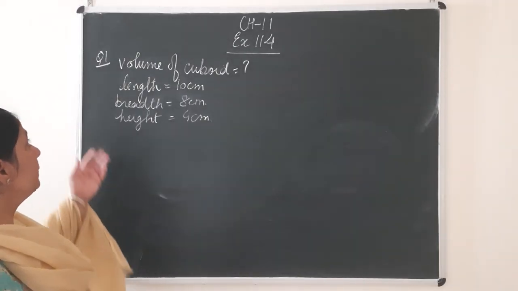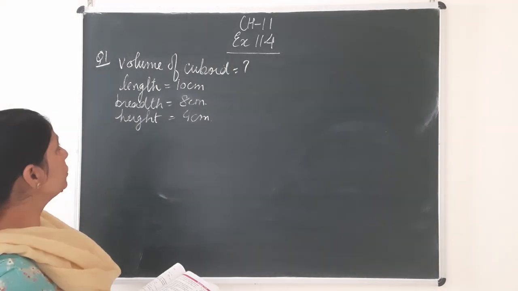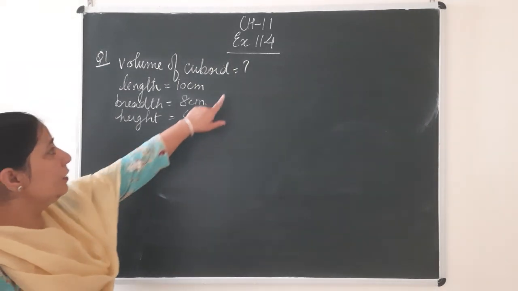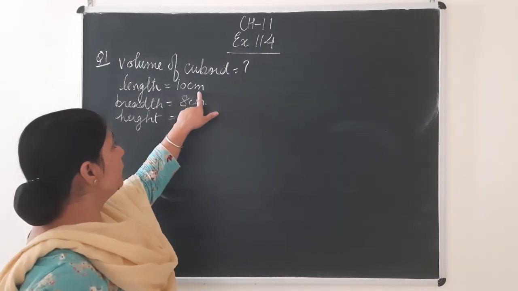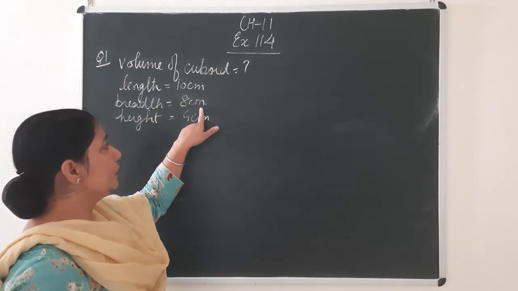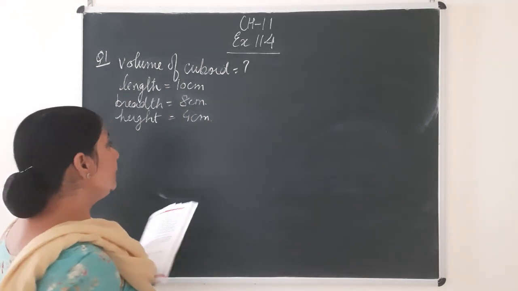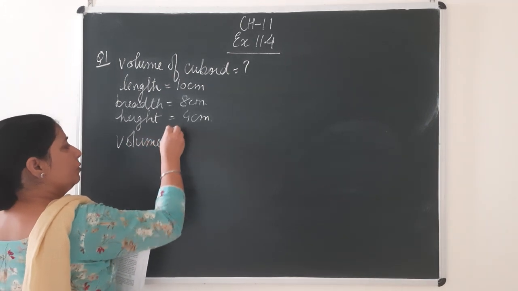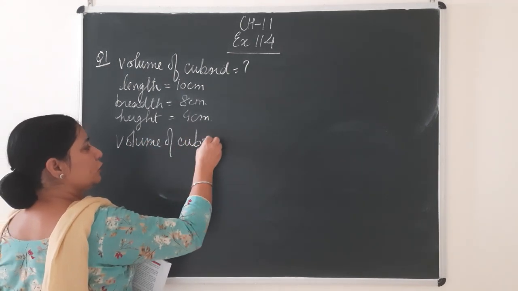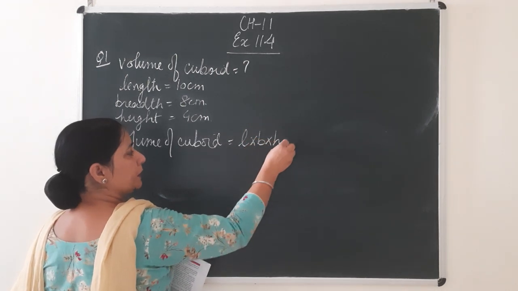So now children, we will be starting with the first question of exercise 11.4. In the first question, we have to find the volume of a cuboid, where the length is given as 10 cm, breadth is given as 8 cm and height is given as 4 cm. So just now we have discussed that the volume of a cuboid, when all three things are given, is equal to length multiplied by breadth multiplied by height.